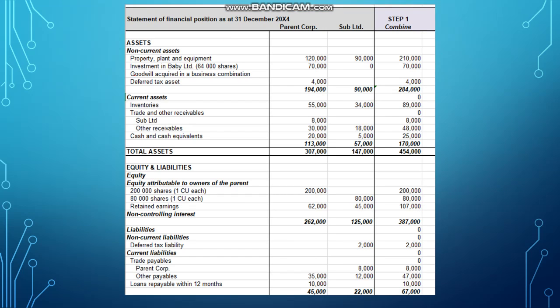So here we have our statement of financial position, and as you can tell, it actually looks quite like our consolidated statements work paper. And as you could see before, our first step is to make an initial combination of all the accounts of the two companies, which is shown right here.